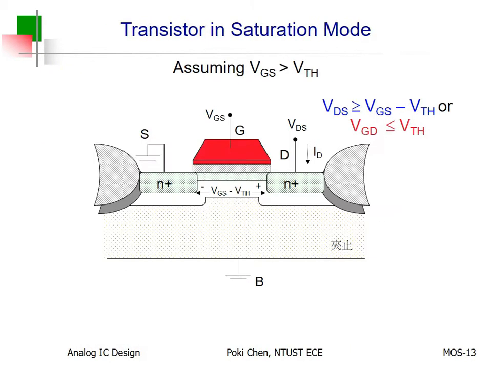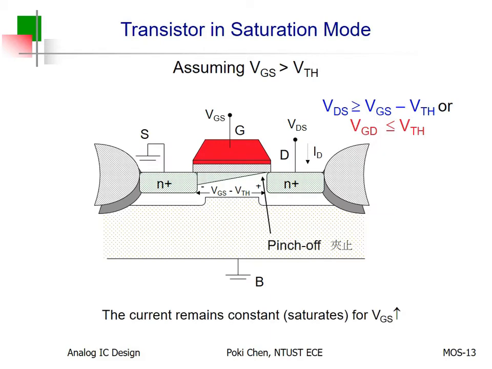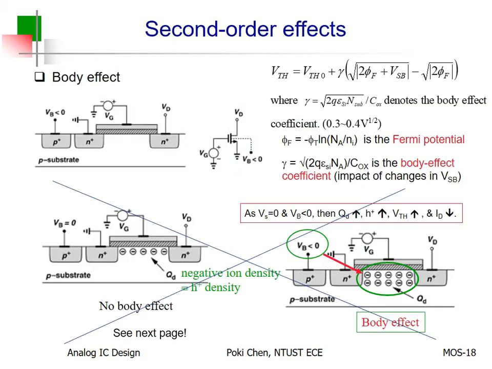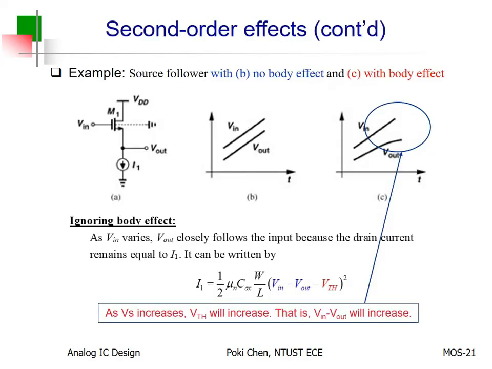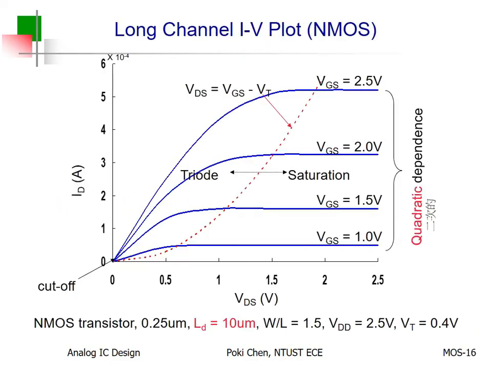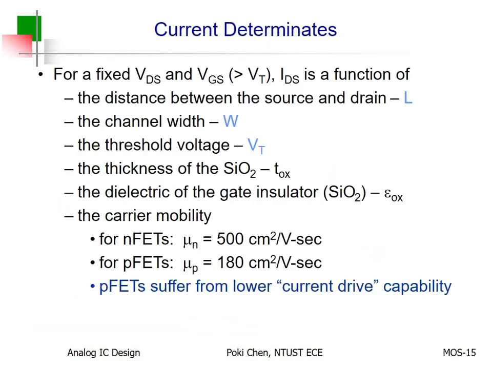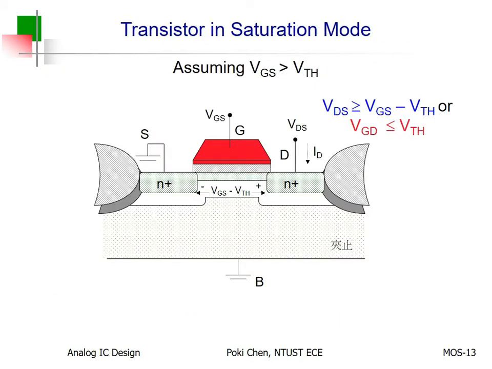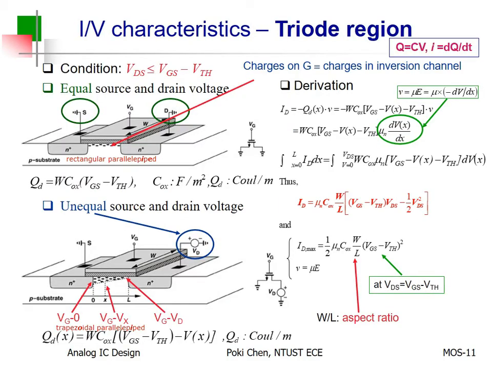Okay, let's go further. Here. From the very beginning, if VDS is really small, then we have such a rectangular parallelepiped.